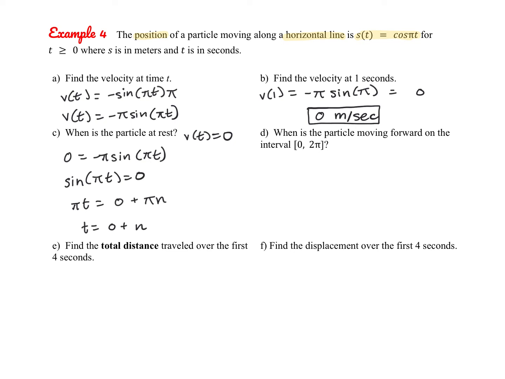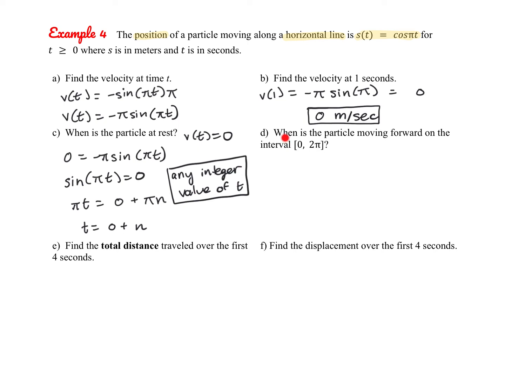So this is essentially saying that our particle is at rest at 0 or 1 or 2 or 3, because n represents any integer. So it's essentially any integer value of t, remembering that t must be greater than or equal to 0.